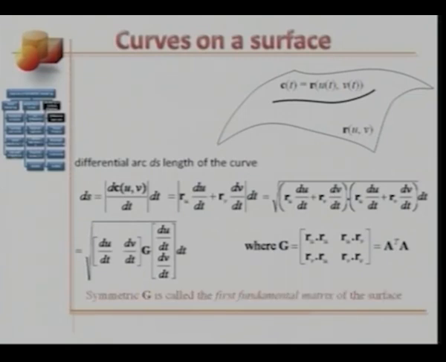If you realize, G is a symmetric 2 by 2 matrix and it is called the first fundamental matrix of the surface.